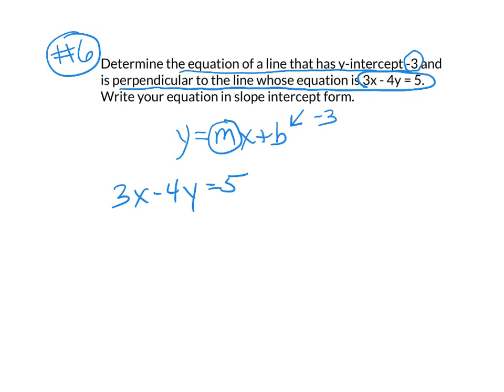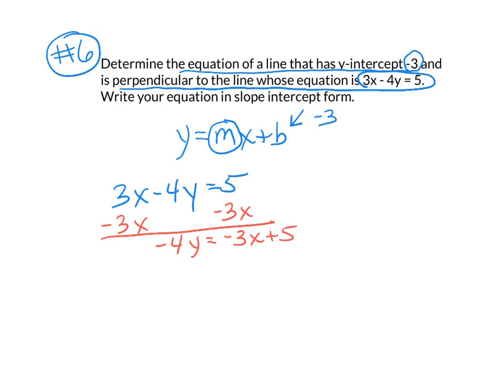In order to do that, I have to get y all by itself. So first I'm going to subtract 3x from both sides. When I do that, I get negative 4y is equal to negative 3x plus 5.